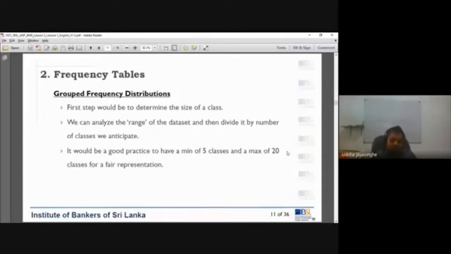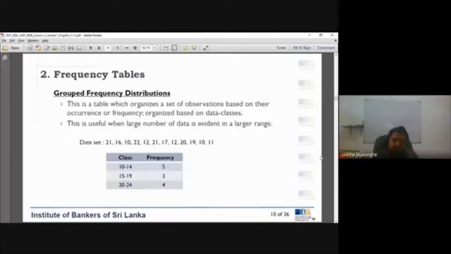These are the steps that you're going to follow when you do a group frequency distribution. The first step would be to determine the size of a class. If you look at these classes, you may see I have done intervals of four items for each individual class. 10, 11, 12, 13, and 14 is going to be the width of my first class. 4 is the range that I have given for the class.